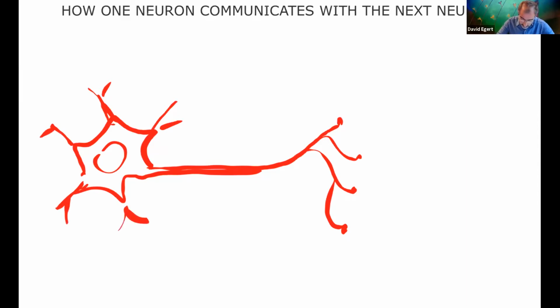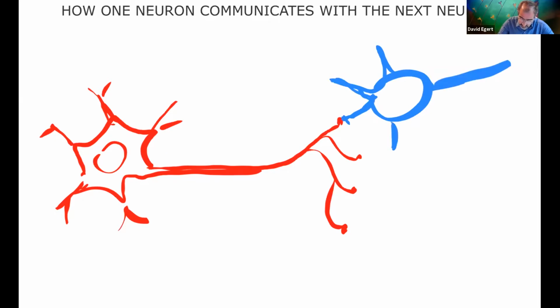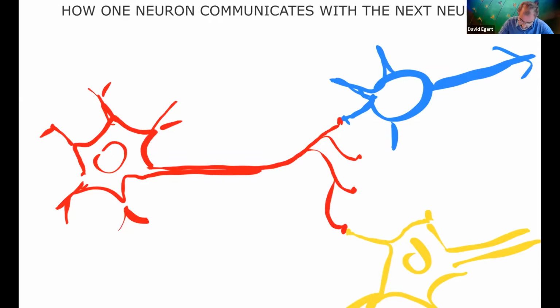Then I'll have another neuron, my blue neuron, with its dendrites, and it's got an axon going off someplace else. So maybe I'll have a yellow neuron here with its dendrites. And then I'll have other neurons. I'll have the green neuron, which is coming in over here, and its axon is now talking to this one.